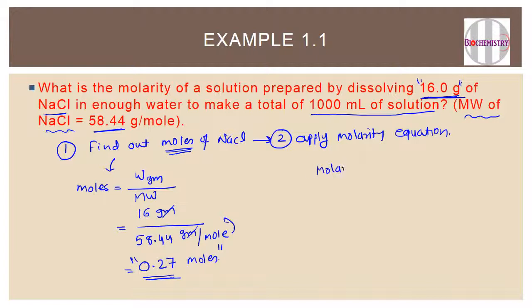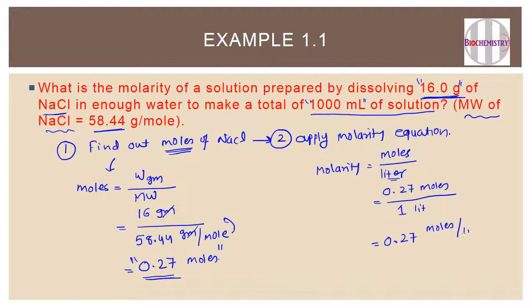So molarity is equal to moles per liter of solution. Now we have 0.27 moles divided by 1000 ml. Now we want liter as the unit, so 1000 ml is equal to 1 liter. So we'll write down 1 liter. So now we have 0.27 moles per liter.